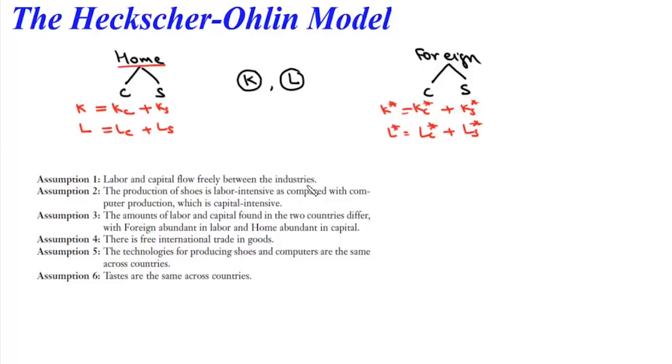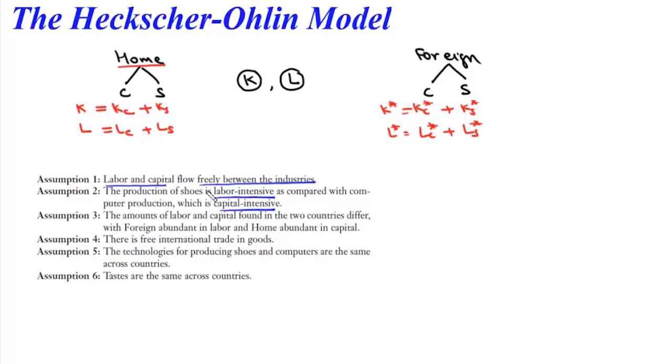Before studying the Heckscher-Ohlin model, we have to study its six assumptions. The first assumption is that labor and capital flow freely between the industries. As we have already mentioned, it is a long-run model, so all the factors of production can move across the industries. Assumption 2 is that the production of shoes is labor intensive and production of computers is capital intensive.